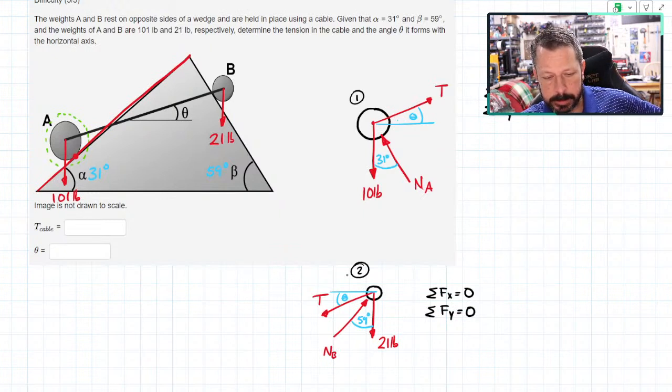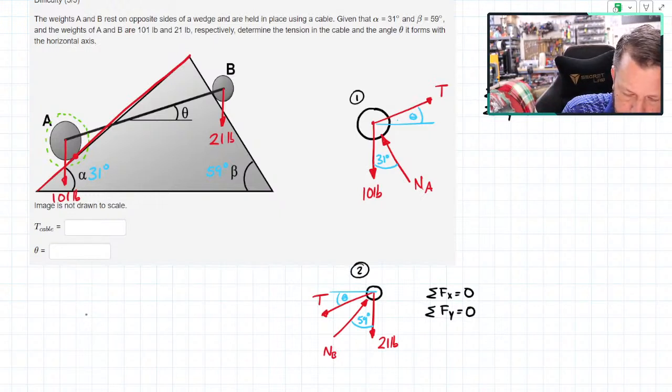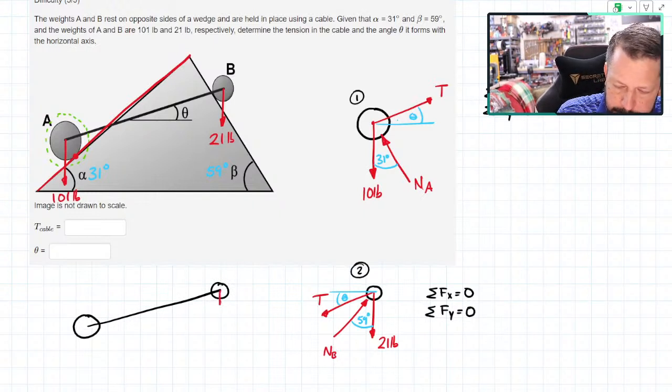Another thing you could look at is, you could keep A and B together. Yes, so another way you could look at it is this. There's A connected to B. B weighs 21 pounds.